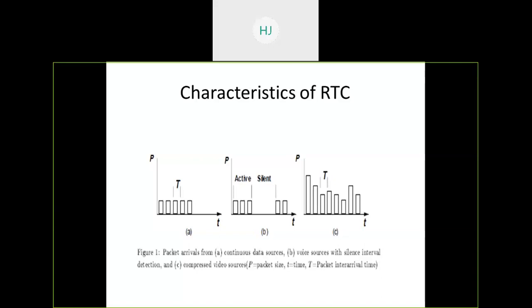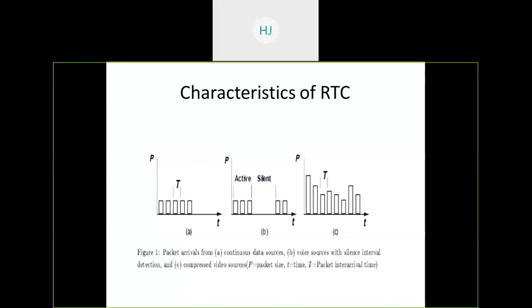Many such sources can be approximated by one of the source models: first, constant bit rate; second, variable bit rate; and third, periodic with variable packet size.